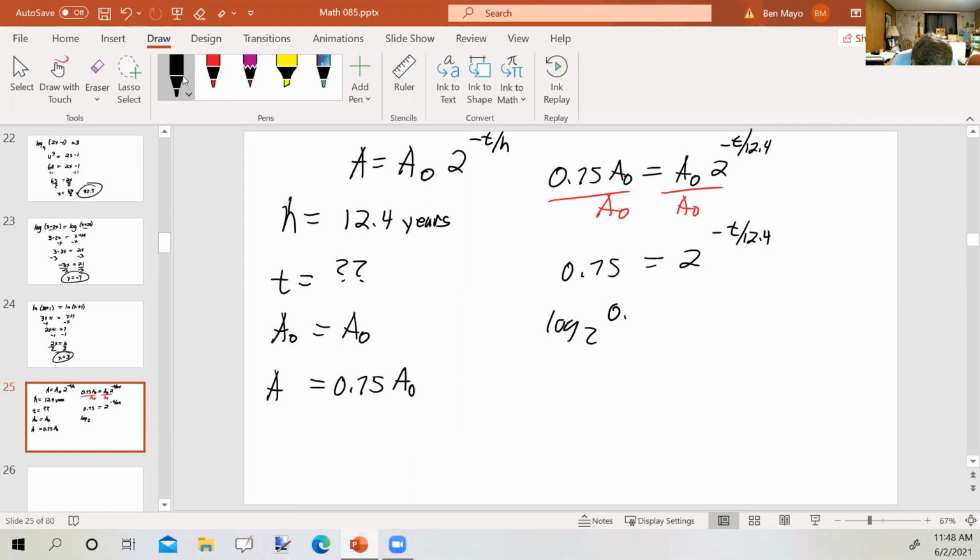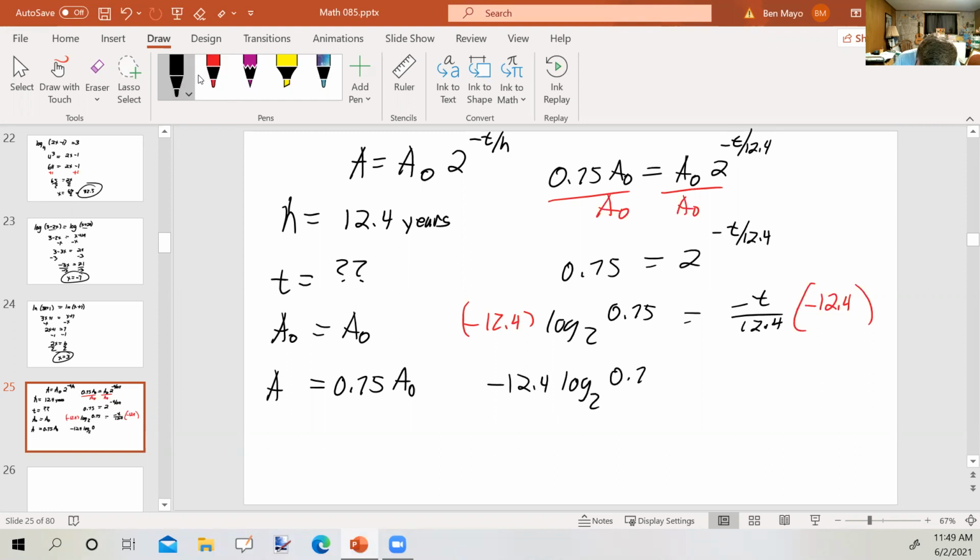Log base 2 of 0.75 equals negative t over 12.4. I'm going to multiply both sides of the equation by negative 12.4. On the left, I get negative 12.4 log base 2 of 0.75. On the right, the 12.4's cross out, and the negative times negative makes positive. So now I've got t.